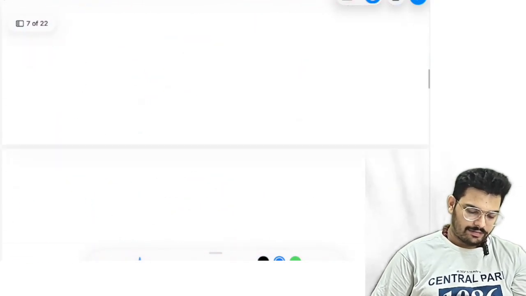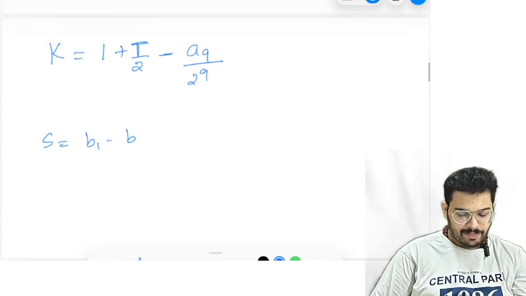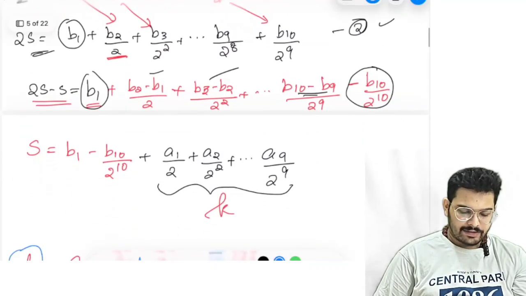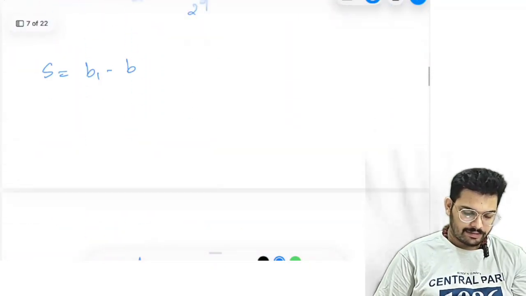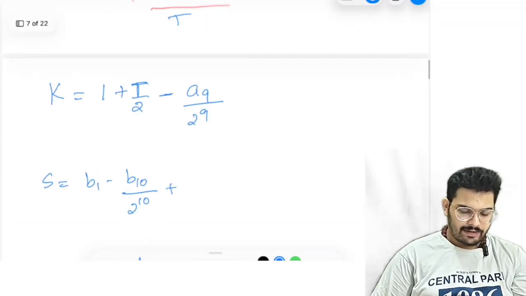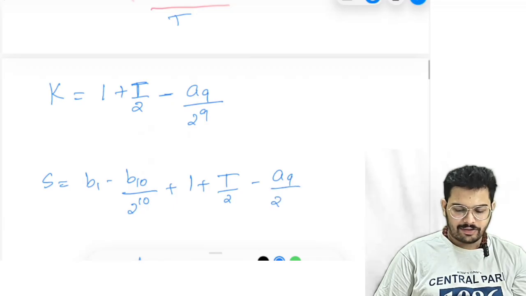So S is equal to b1 minus b10 divided by 2 raised to 10 plus k. K value equals 1 plus t by 2 minus a9 divided by 2 raised to 9.